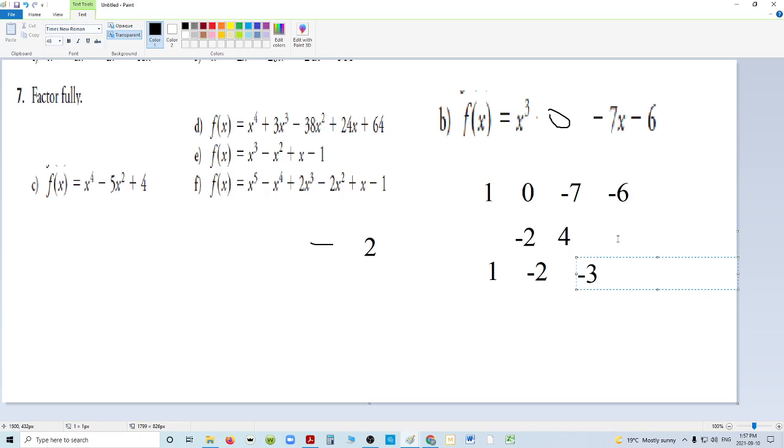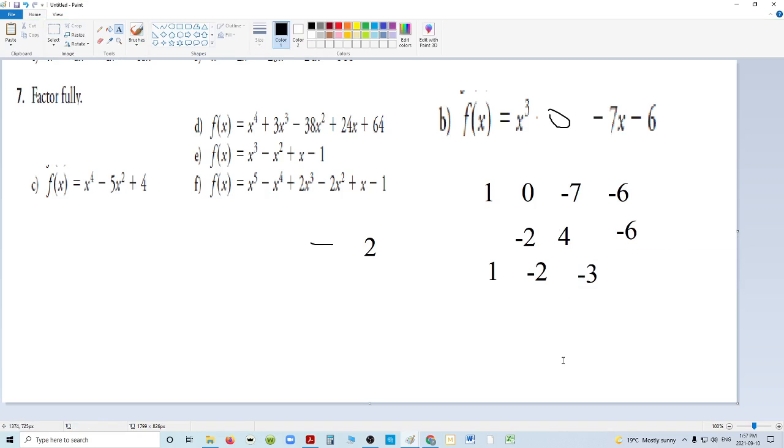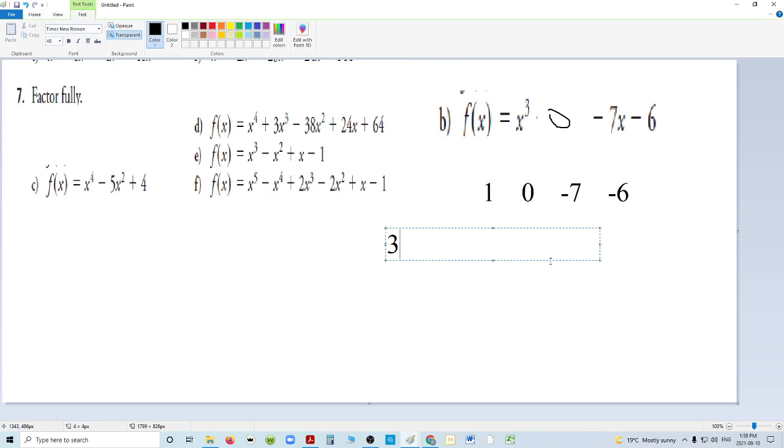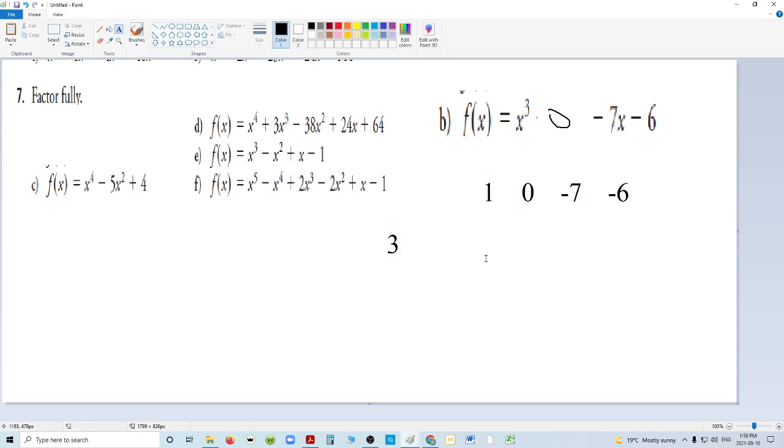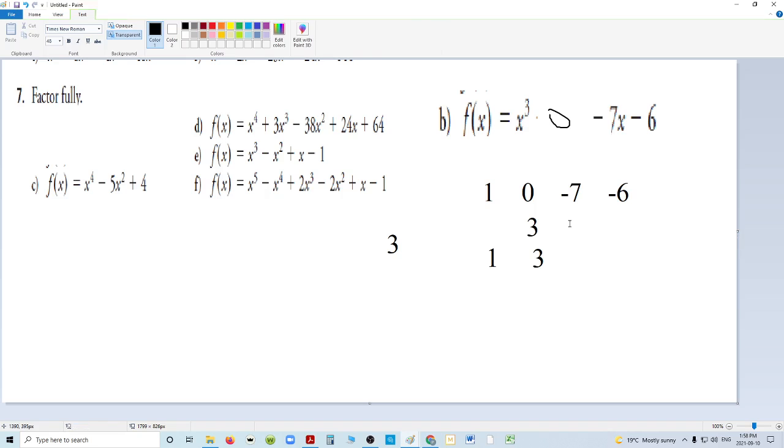Still not a factor. Try 3 and then minus 3. There we go.